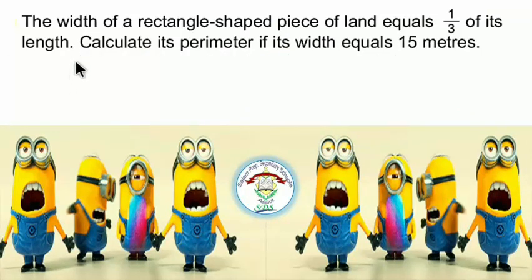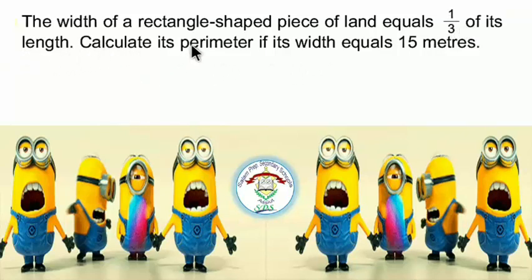The other one. The width of a rectangle-shaped piece of land equals a third of its length. We know that the width is smaller than the length. So width equals a third of the length.